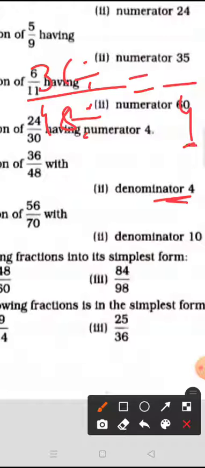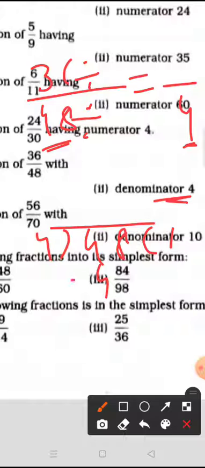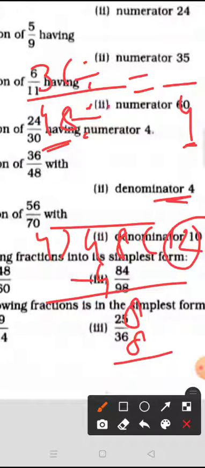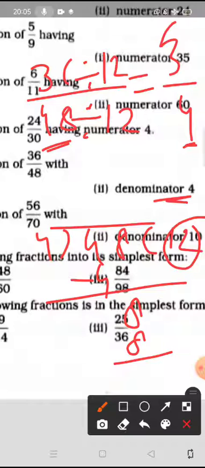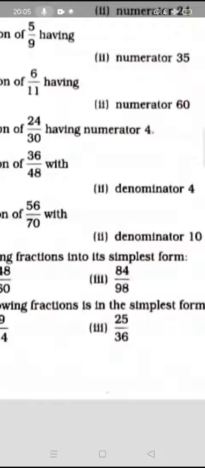In the table of 4, how many times does 48 come? If you want, you can divide on your rough side and then you will know how many times. 4 times 12 is 48. So you have to divide both by 12. So 36 divided by 12 comes 3. 3 upon 4 is your answer.